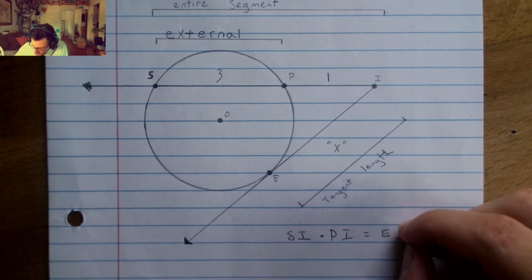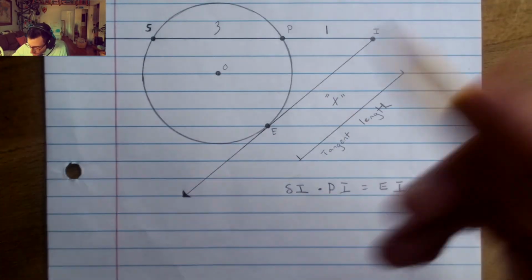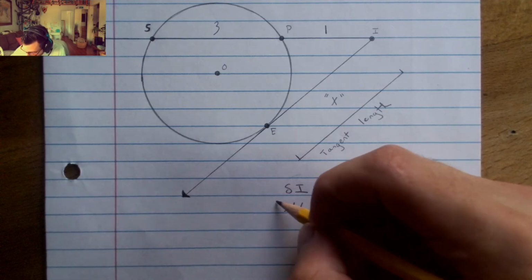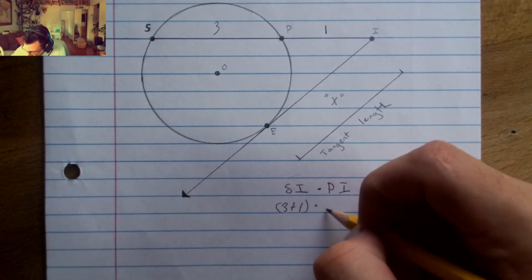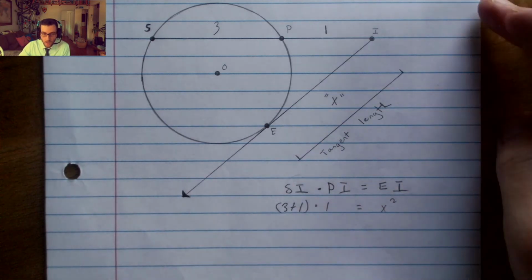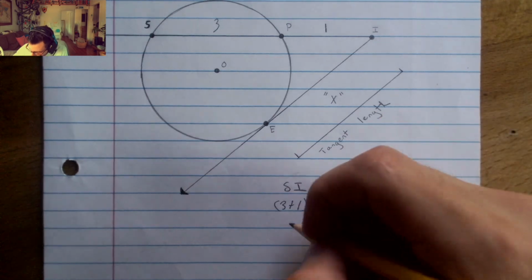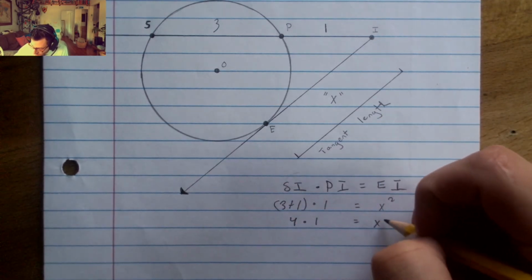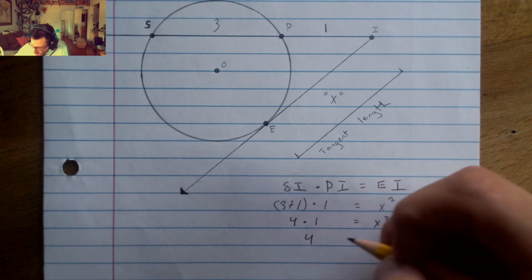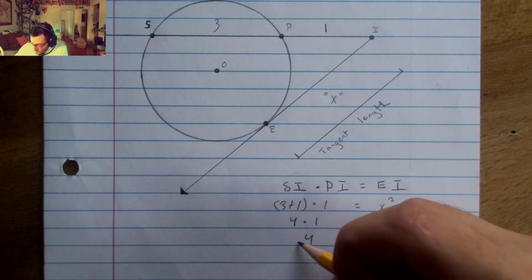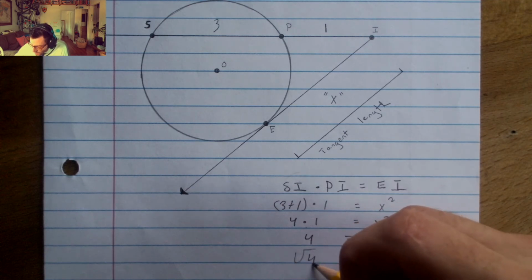Now if we just go ahead and start to fill in our values, we have 3 plus 1 times 1 equal to x squared, our unknown value. 3 plus 1, so it's 4. 4 times 1 gives us our x squared. And lastly, we just find our square root of 4.